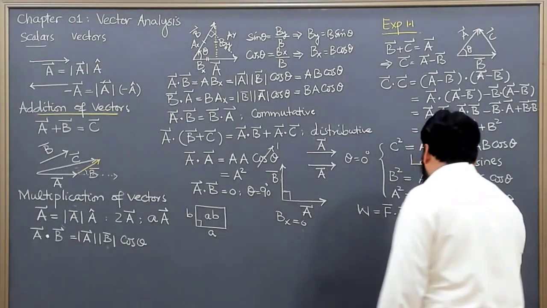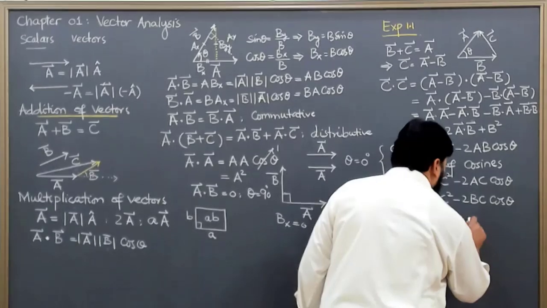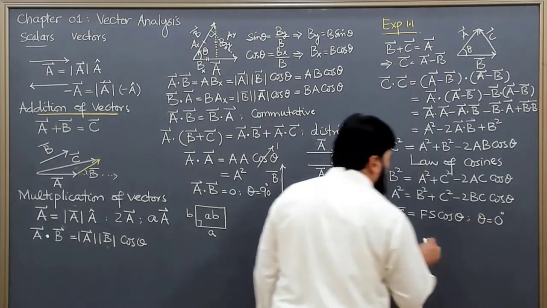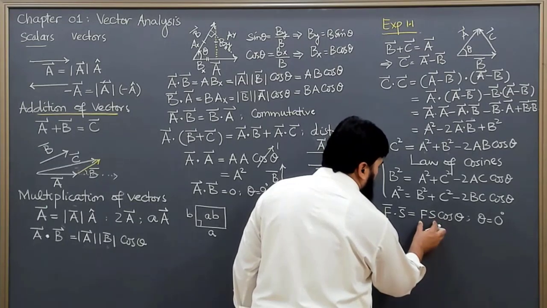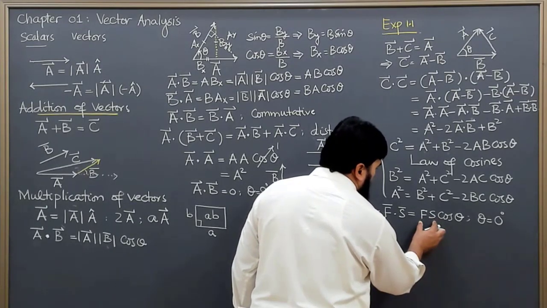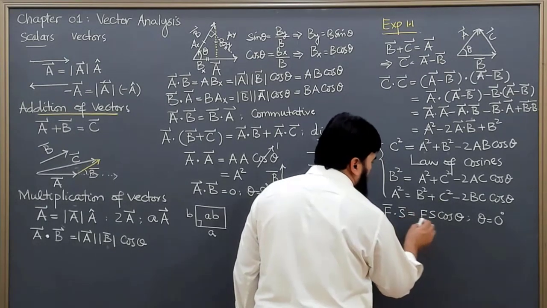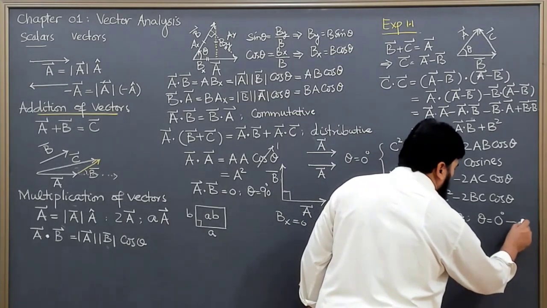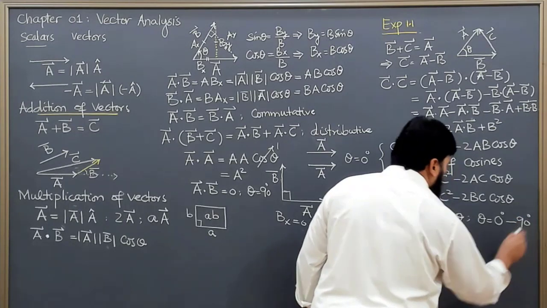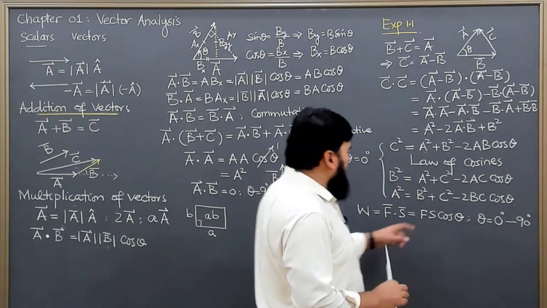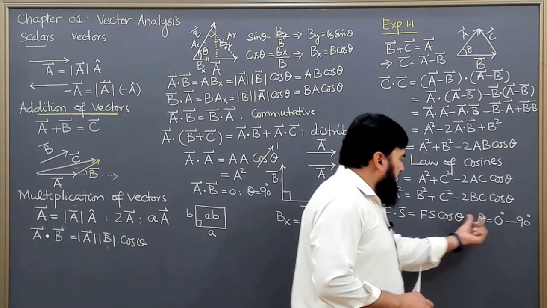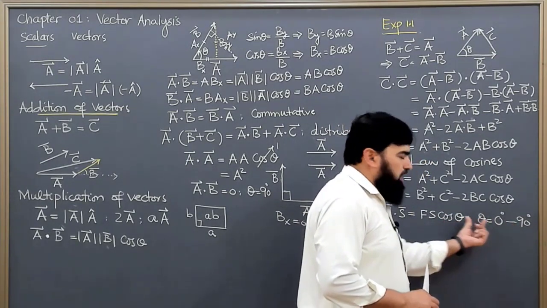If the angle between the two is 0 degrees, then I will have it equal to Fs, and it will be the maximum, because if I consider this theta between 0 and 90 degrees, then at 0 cos 0 is 1, at 90 cos 90 is 0.